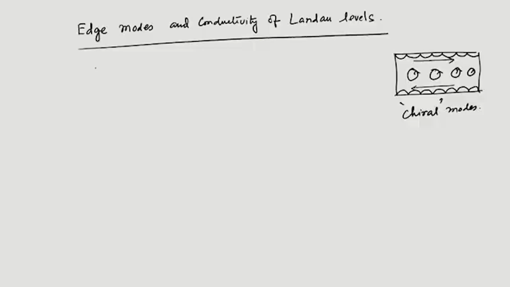Now this hasn't been made clear, and we are going to make that clear now, and we also want to understand how these edge modes appear. Let's again write down the Hamiltonian in the Landau gauge, which we have done earlier more than once. So the kinetic energy is written with 2m outside, and we have taken again a gauge in the y direction. So the gauge is that A is equal to (0, Bx, 0), where x is the x coordinate and B is the magnetic field.